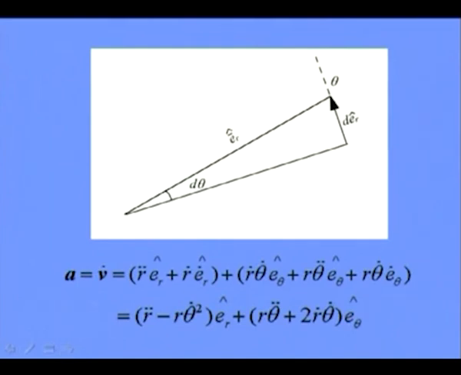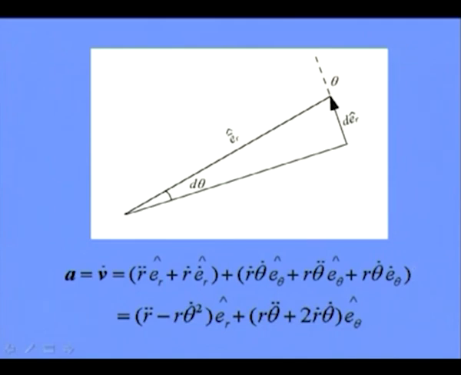Acceleration is given by a is equal to v dot, which is r double dot er plus r dot e dot r plus r dot theta dot e theta plus r theta double dot e theta plus r theta dot e dot theta. Now, e dot r can be written as theta dot e theta, and similarly we know e dot theta can be written as minus theta dot er.